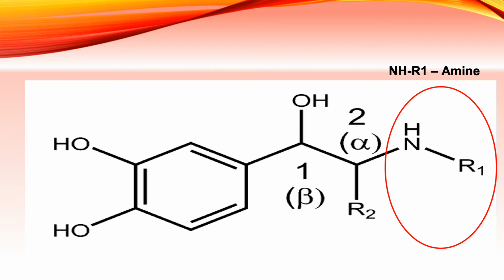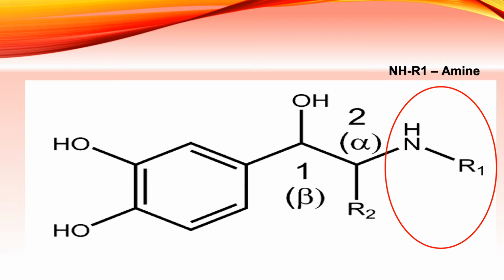So increasing the number of carbons in our R1 favors selectivity for the beta receptor. Alpha and beta receptor activity is maximum only when R1 contains one carbon, the methyl substituent only. For example, epinephrine.